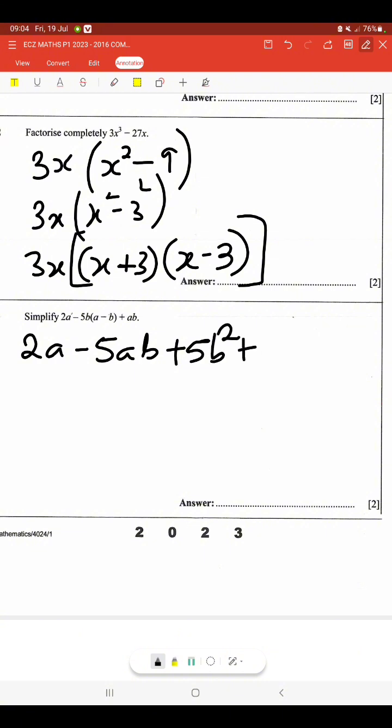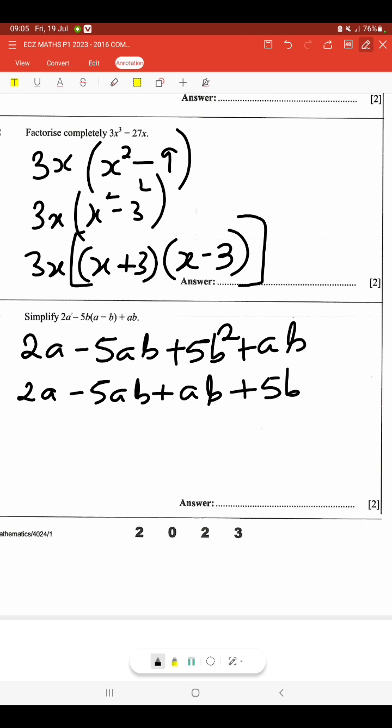squared, then plus ab. Then we're going to group together or collect the like terms, and we're going to have 2a minus 5ab. Now this one is a like term with plus ab, plus 5b squared. Those are the only like terms that we have.